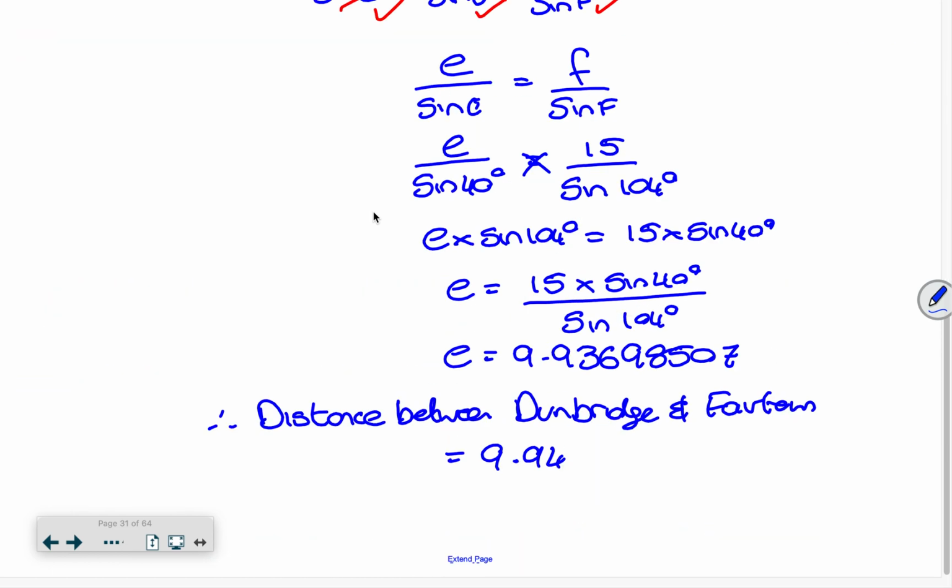Yes, it was. So 9.94 kilometres, and that's to 2 decimal places. Always make sure you answer your question in context and give the appropriate units.